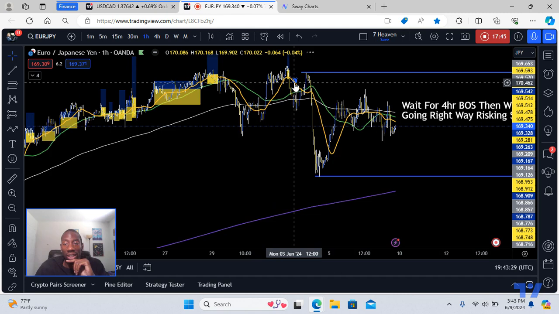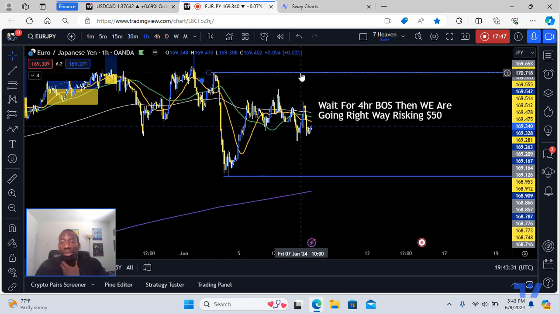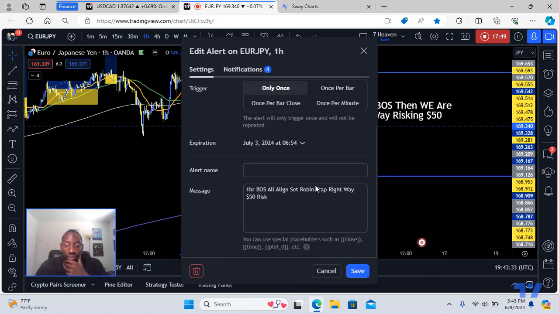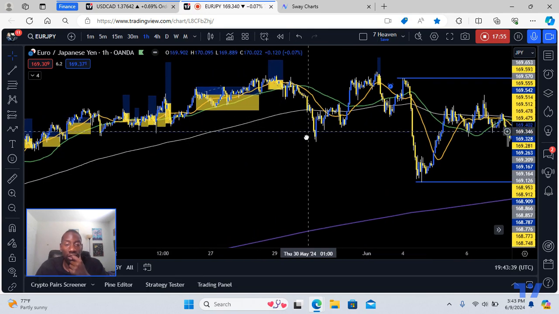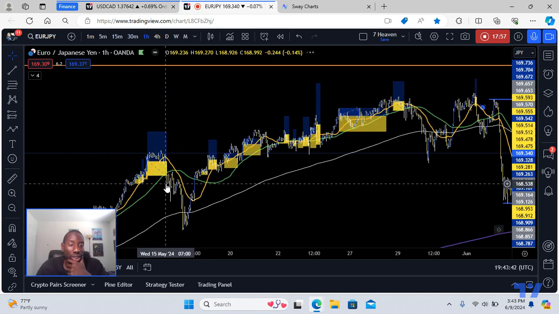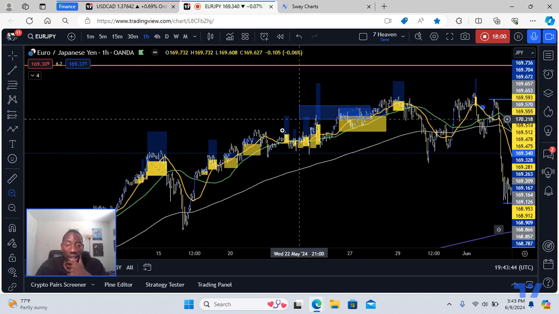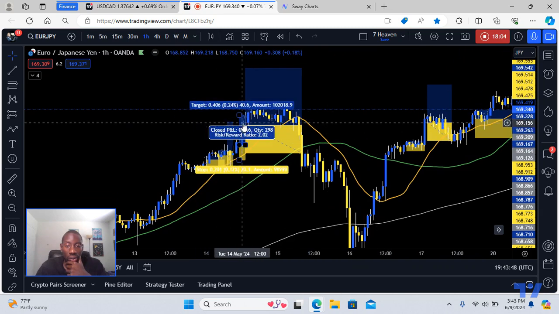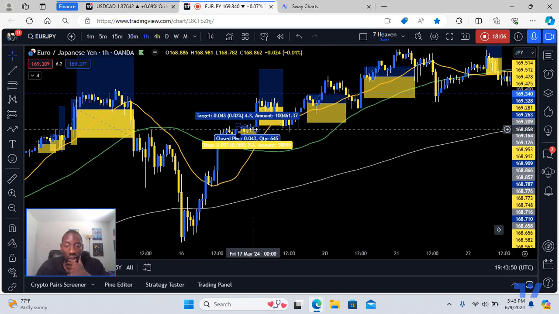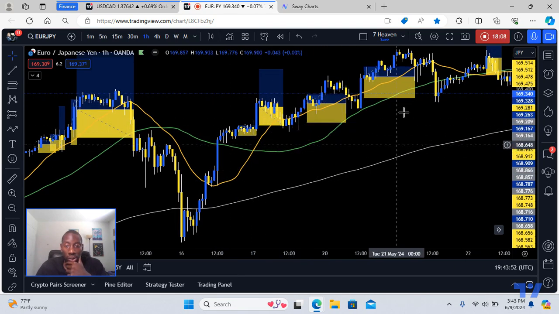Euro USD, we're doing the same thing. We're going the right way, risking $50 to make $100. Now for this scenario, it's a little different. We have the right way, then wrong way, wrong way, wrong way.